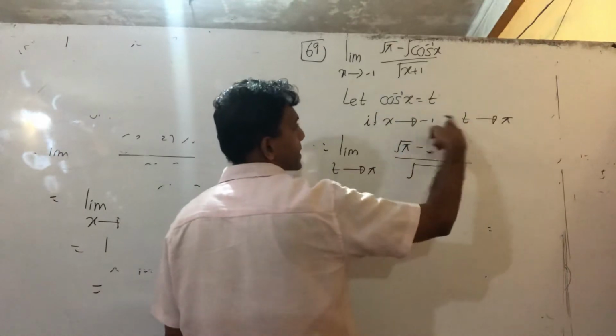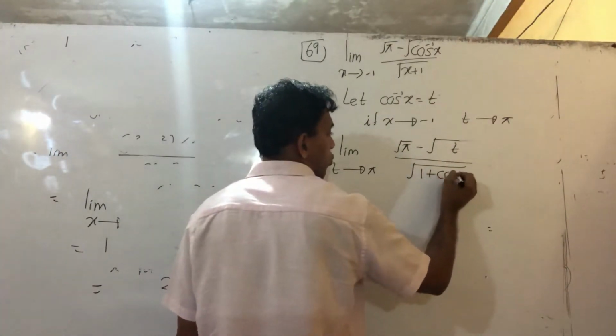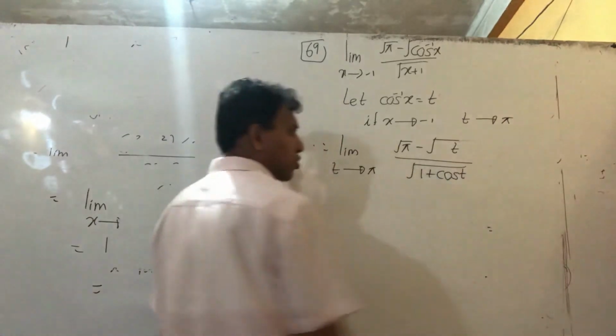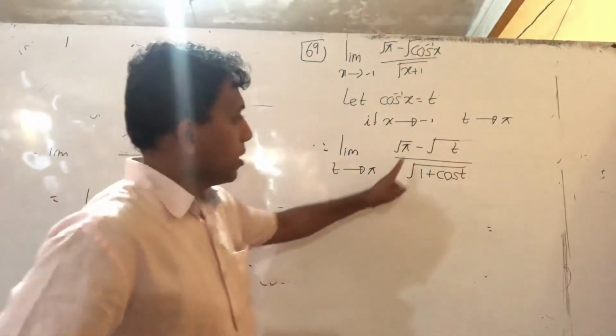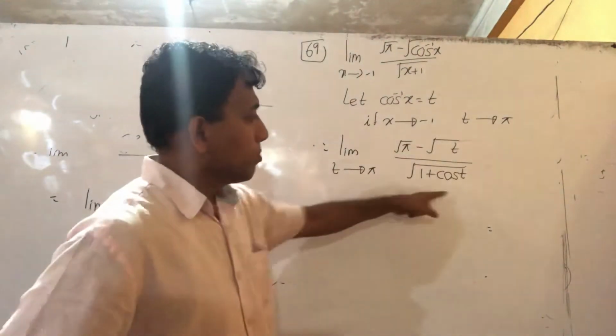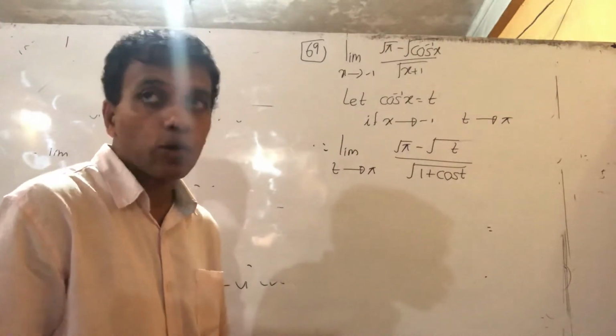What is x? Cos t, is it 1 plus cos t? 1 plus cos t, or cos t plus 1, right? Again apply t for pi. Pi minus pi is 0, minus 1 plus 1 is 0. Numerator 0, denominator 0, you can't go ahead.